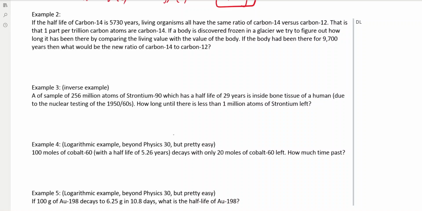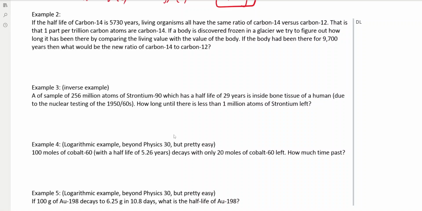So it's 1 part per trillion carbon atoms is carbon-14. If a body is discovered frozen in a glacier, and we try to figure out how long it's been there by comparing the living value with the value of the body, then what would be the new ratio of carbon-14 to carbon-12?